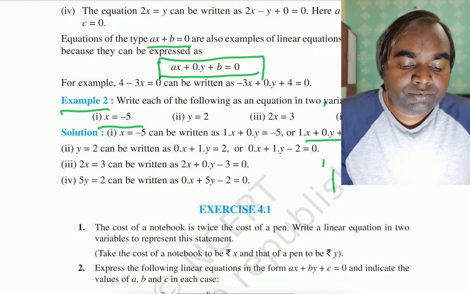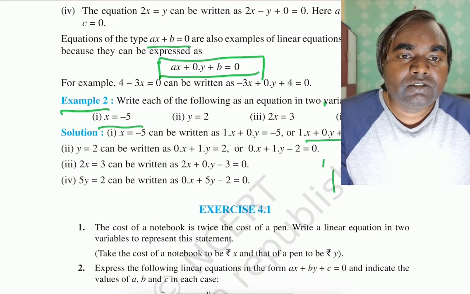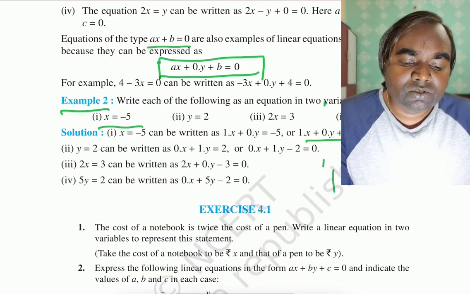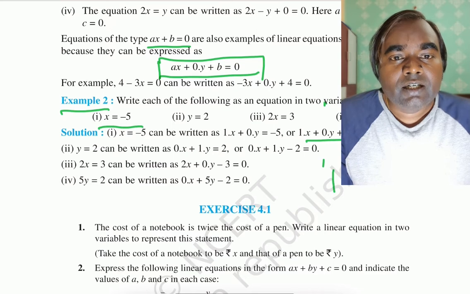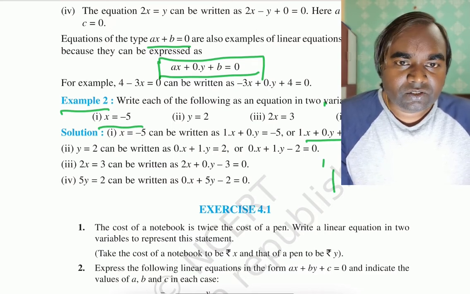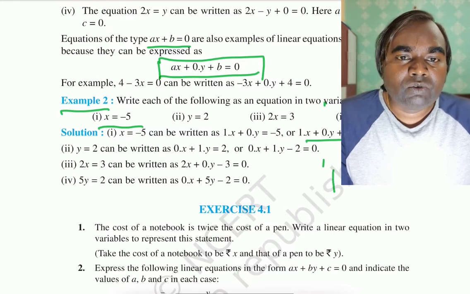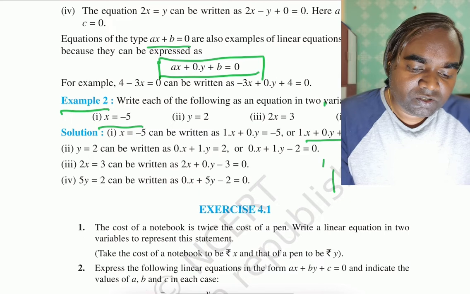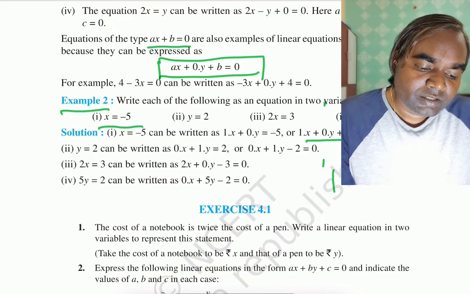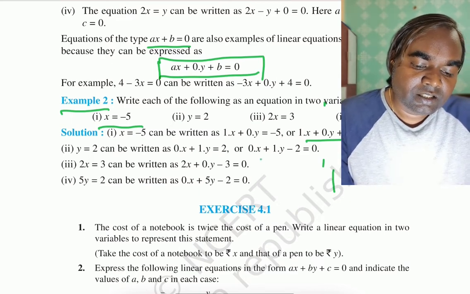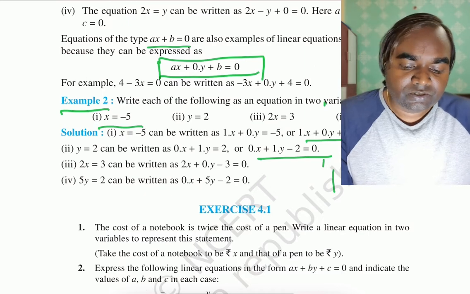And for y is equal to 2, convert this into a linear equation of two variables. In that case, you can substitute the coefficient of x as 0. That means 0 dot x plus 1 dot y minus 2 is equal to 0. Similarly, you can solve for others also.